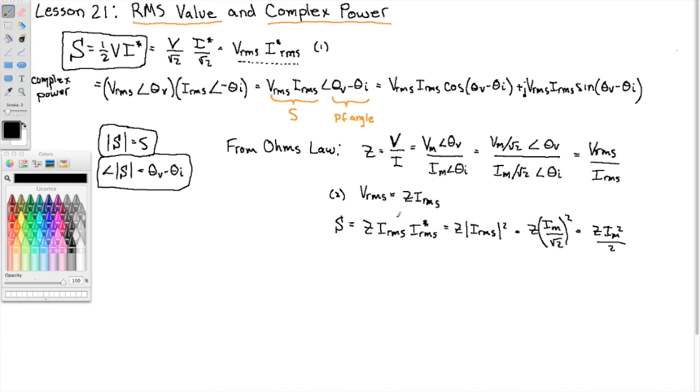And similarly, if I rearrange equation 2 for I RMS and plug that into equation 1, what I'll see is that the complex power is, of course, let's do it. If I solve this for I RMS, this is V RMS over Z. Then in equation 1 I have V RMS times V RMS over Z complex conjugate.